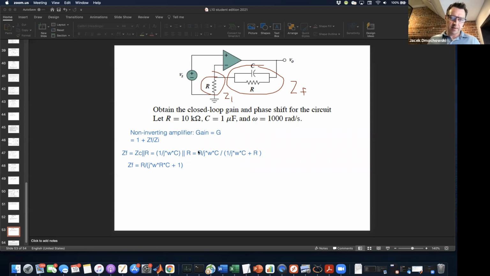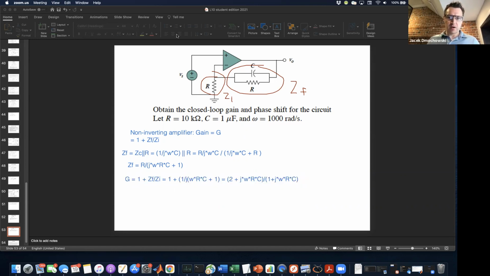So we need to divide that by ZI. So the gain becomes 1 plus ZF over ZI, which is equal to 1 plus 1 over (J times W times R times C plus 1). And that becomes equal to (2 plus J times omega times R times C) over (1 plus J omega times R times C).